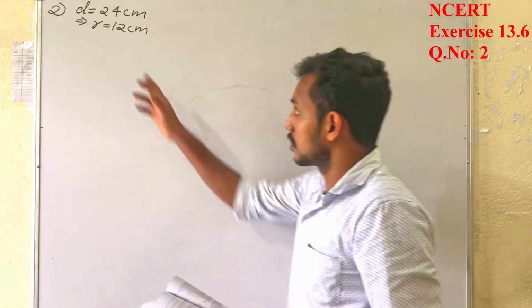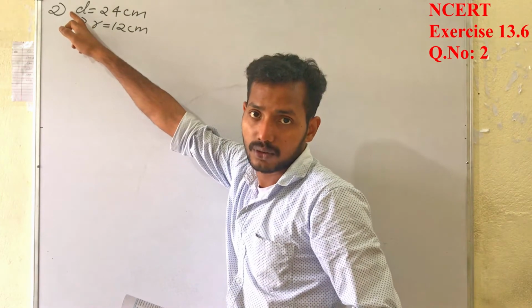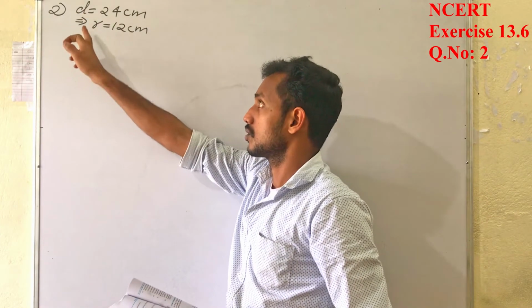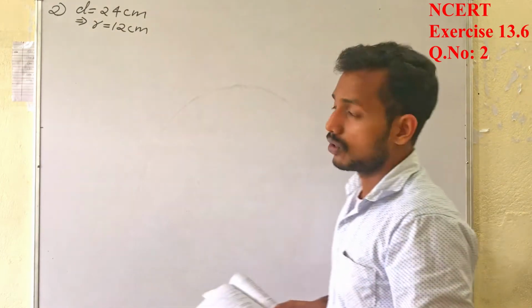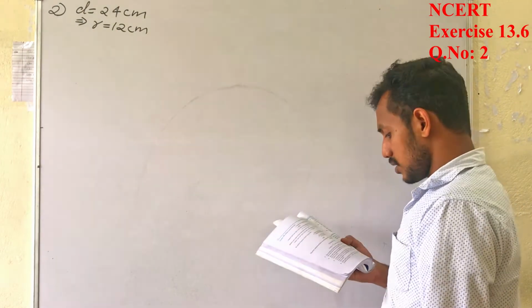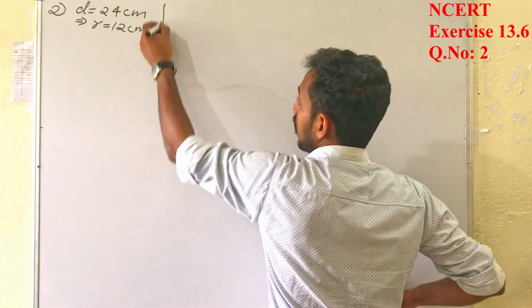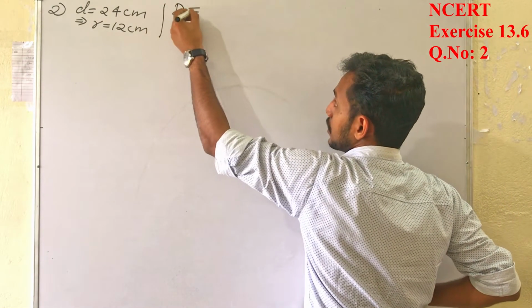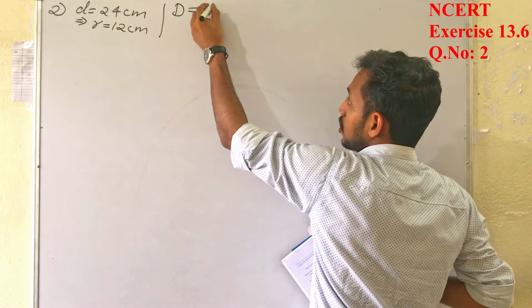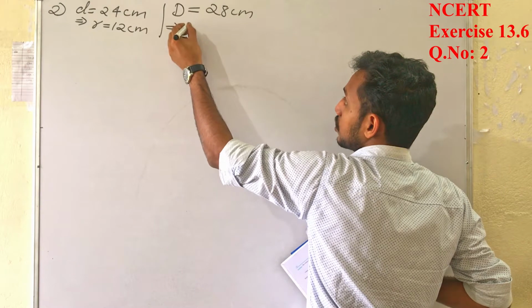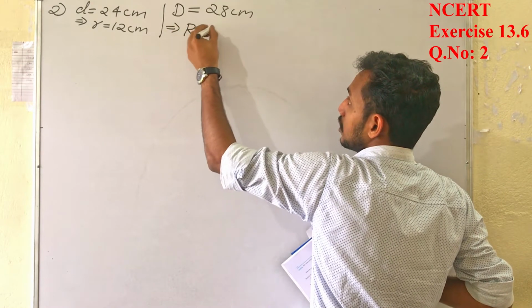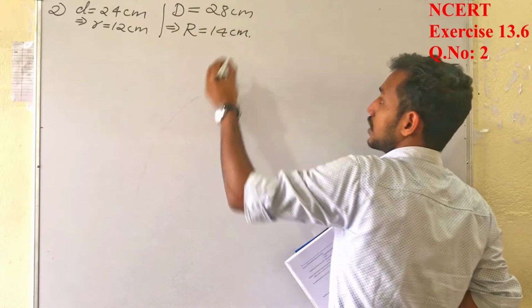Inner diameter is denoted by the small letter d, because it is the smaller diameter, so inner radius we represent by the small letter r. And its outer diameter, represented by capital letter D, is 28 centimeter. That implies outer radius will be 14 centimeter, half of 28.